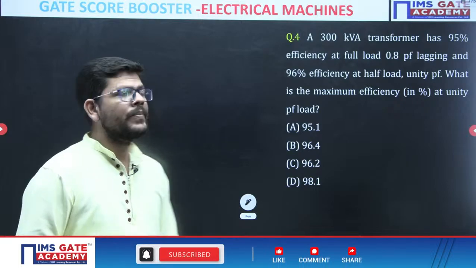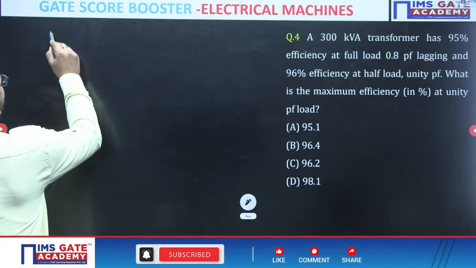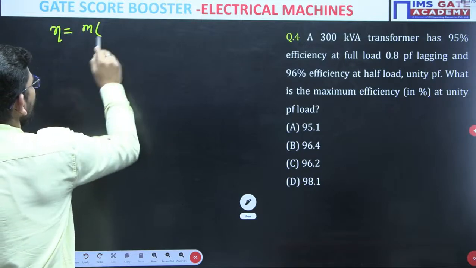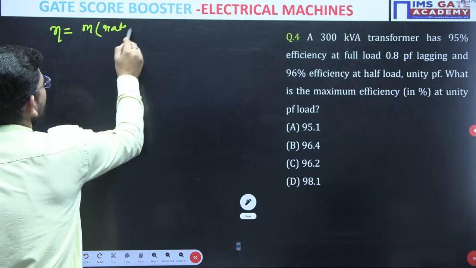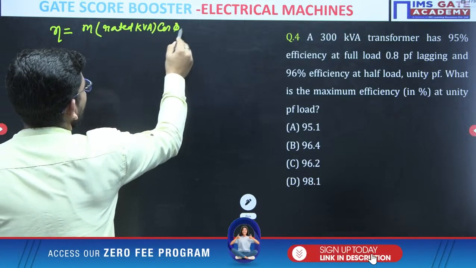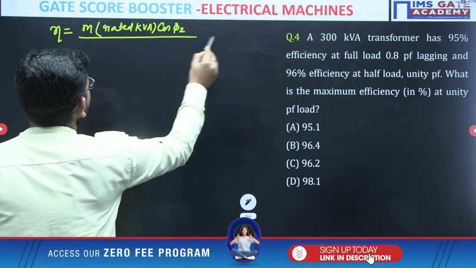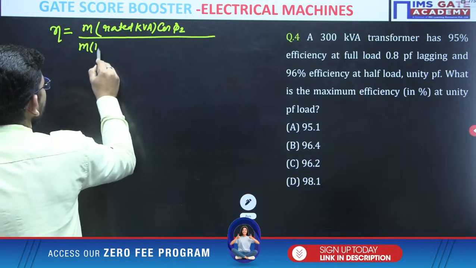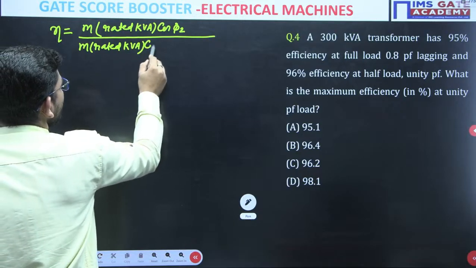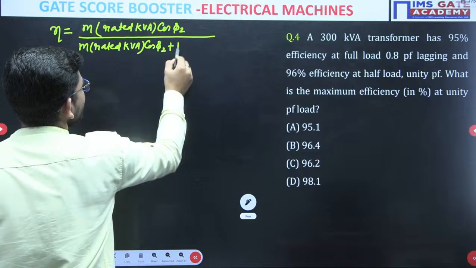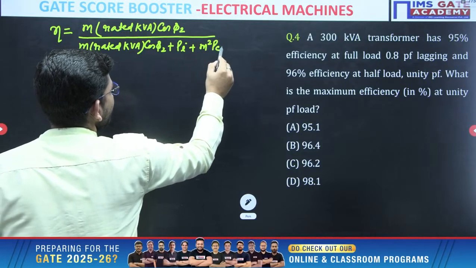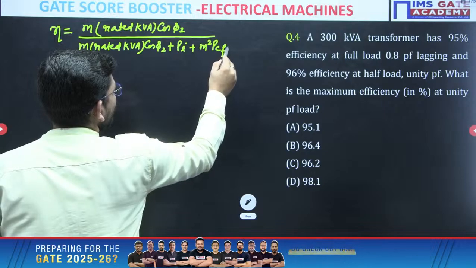I hope you know this formula: efficiency is M, which is the load factor, times the rated kVA and the power factor, divided by M times the rated kVA times cos phi 2, plus iron losses, plus M squared times the full load copper losses.